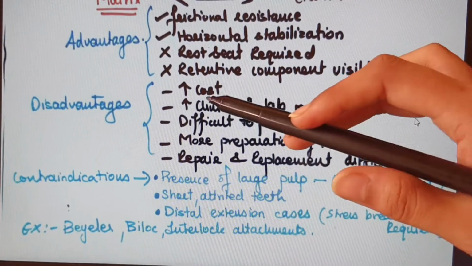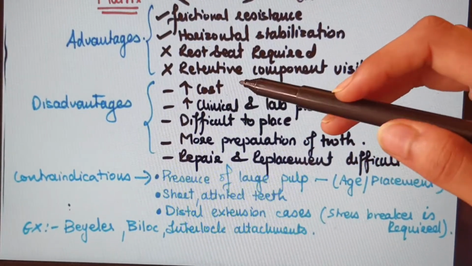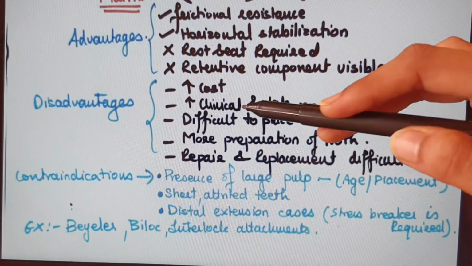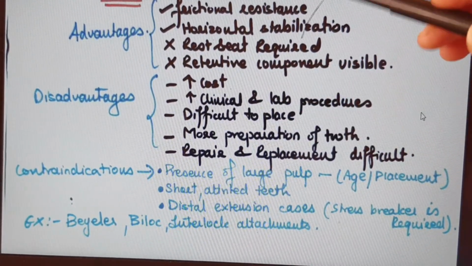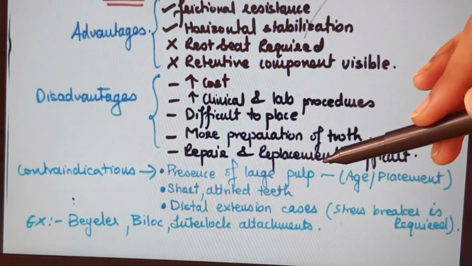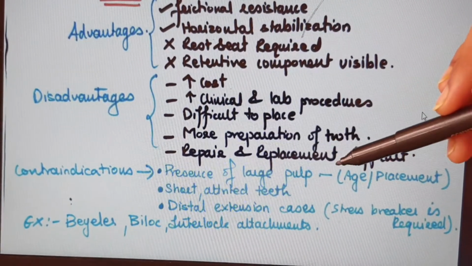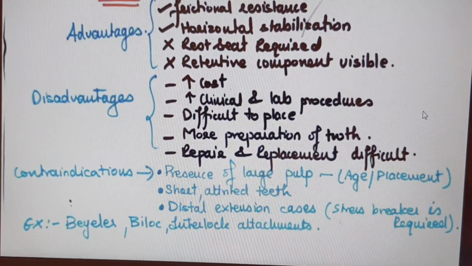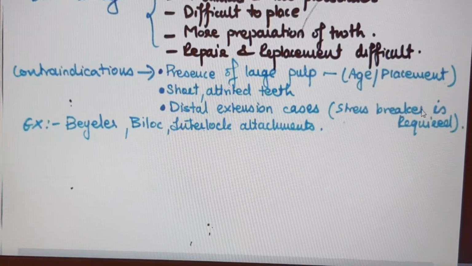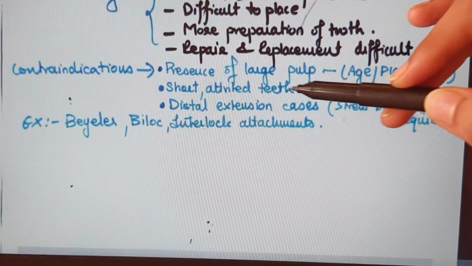That is, the cost of this internal attachment is quite high and the clinical and lab procedures are also more. More preparation time is required for the receptacle, and even the repair and replacement of these processed denture is a little bit difficult. So these are contraindicated, as I have written over here.